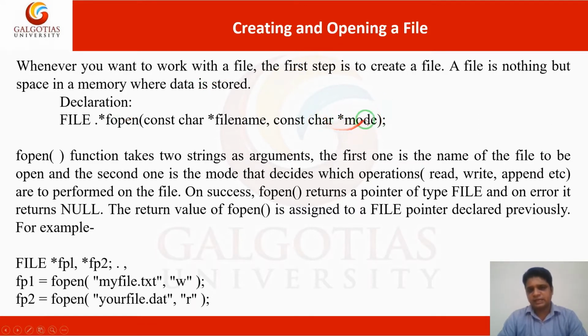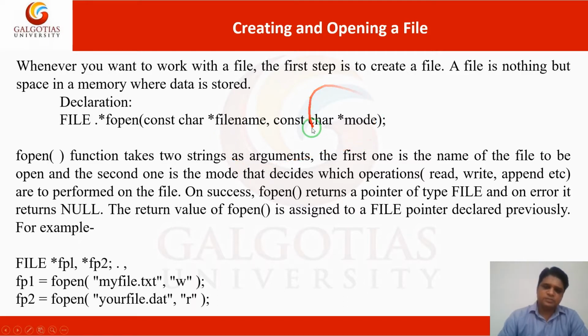It takes a char pointer for the file name, whatever you want to give, a .txt file or .dat file, it's up to you. If you want a character stream file, you can use .txt.